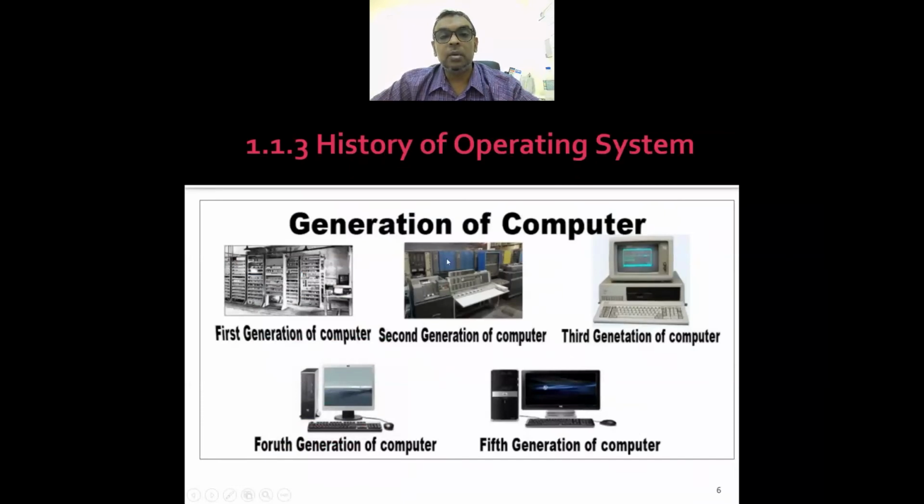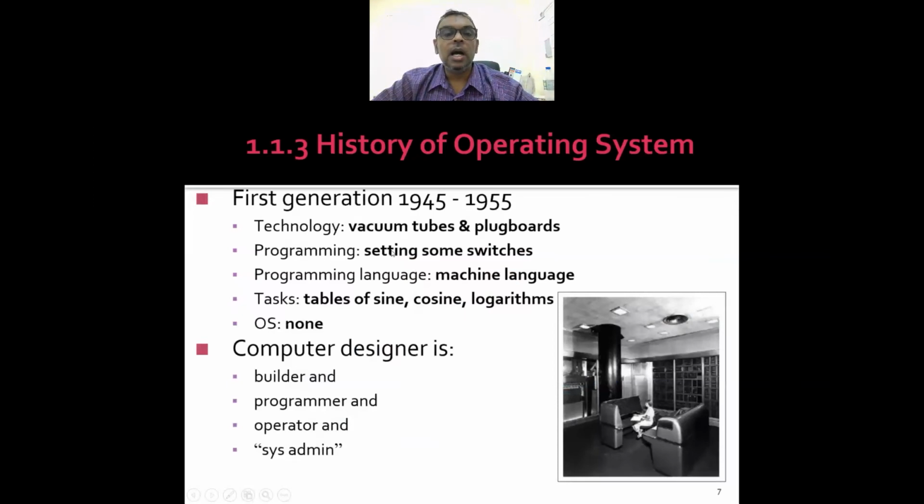Okay, and these are some of the basic computers which were available since the first generation of computer. So what you see now is what we say is the 5th generation. This you can read on your own.